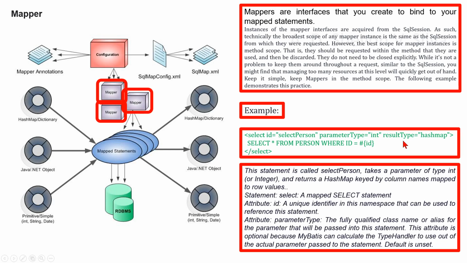And result type: the fully qualified class name or alias for the expected type that will be returned from this statement. Note that in the case of collections, this should be the type of the collection contents, not the type of the collection itself. Use result type or result map, not both.